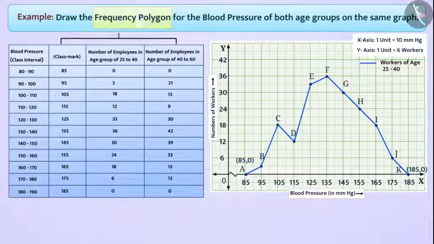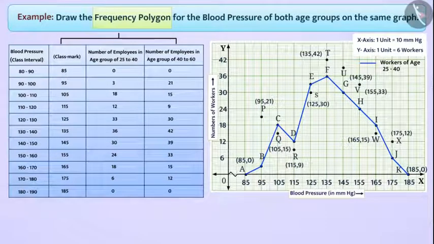Now, we will draw the frequency polygon to represent the number of workers in the age group of 40 to 60 years. The class marks and the frequency of imaginary class intervals are the same in both cases, so their coordinates will be the same in both cases. Hence, the first point will be A (85, 0), and the last point K (185, 0) in both cases. In this way, different points to denote the number of employees between the ages of 40 and 60 will be as follows.